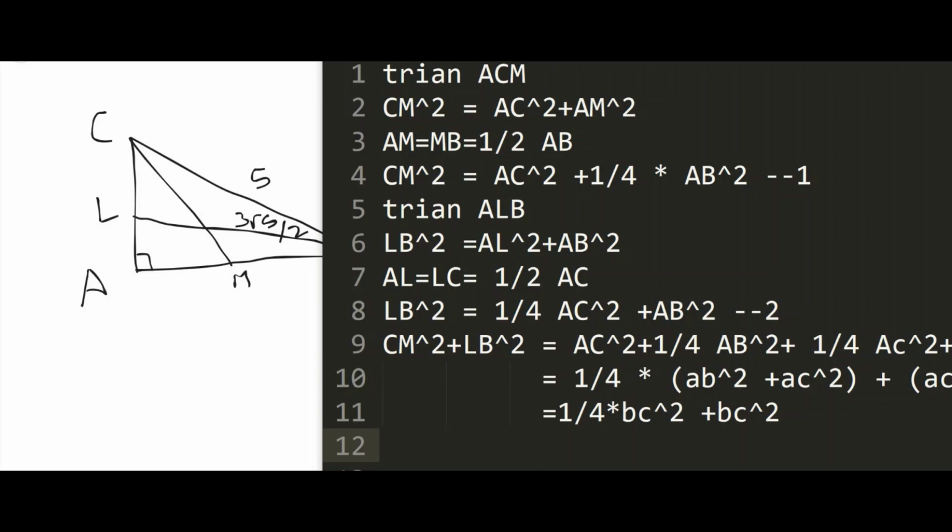So the final equation we got is CM square plus LB square is equal to 5 by 4 into BC square. So let me write this one also. CM square plus LB square is equal to 5 by 4 into BC square.